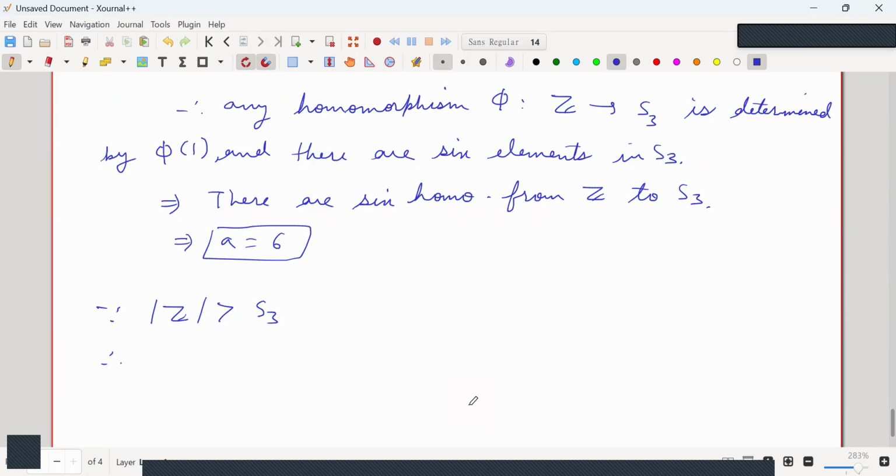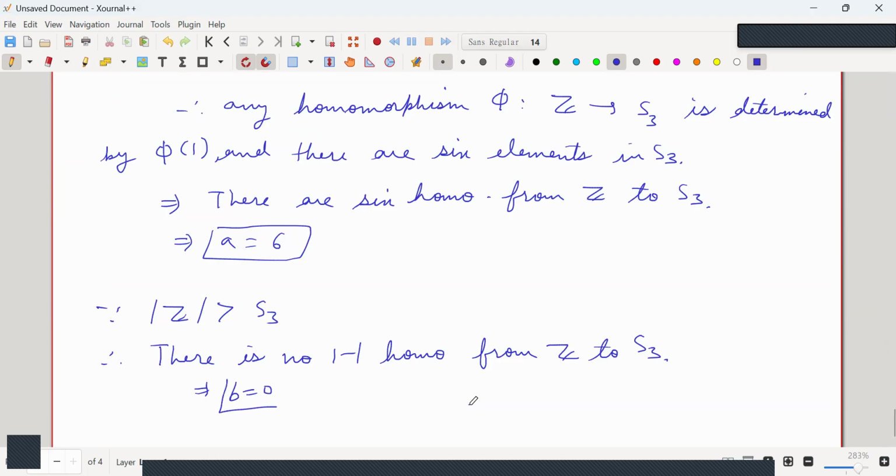Because if there is any 1-1 homomorphism, then the order of the domain has to be less than or equal to the order of the codomain. So there is no 1-1 homomorphism from Z to S3. This implies B is 0.